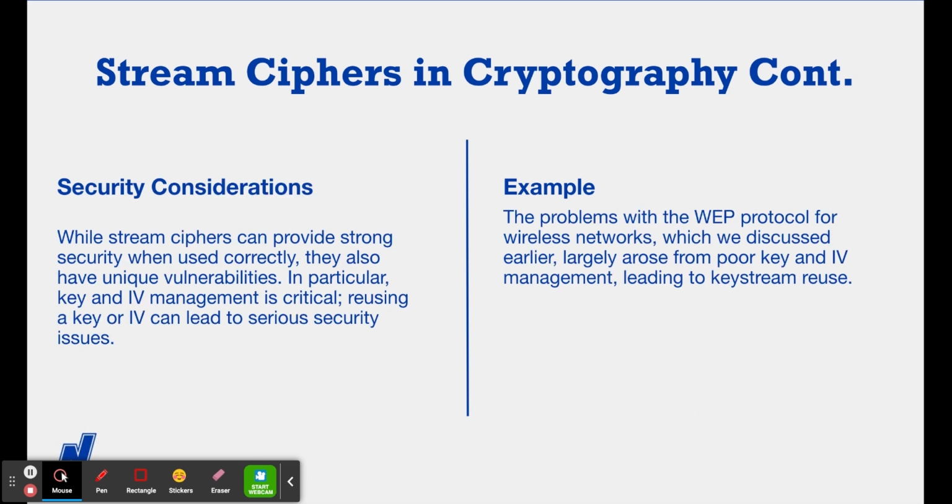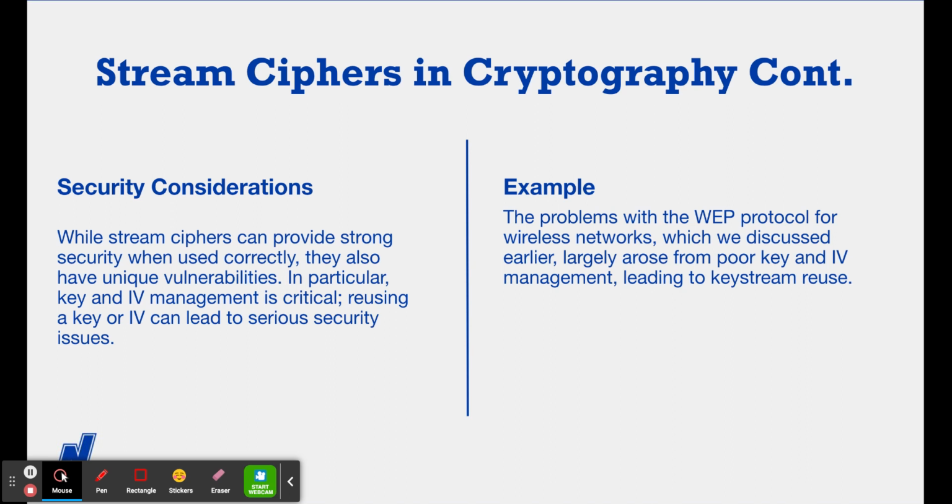Cool. Next, despite their advantages, stream ciphers also come with certain vulnerabilities. Key and initialization vector, or IV, management is crucial in stream ciphers. Reusing a key or an IV can lead to significant security breaches, as it can result in key stream reuse.